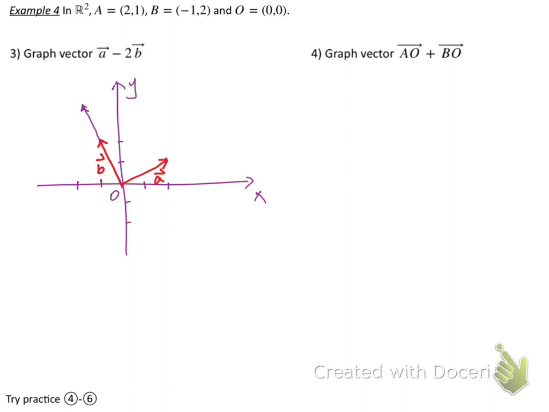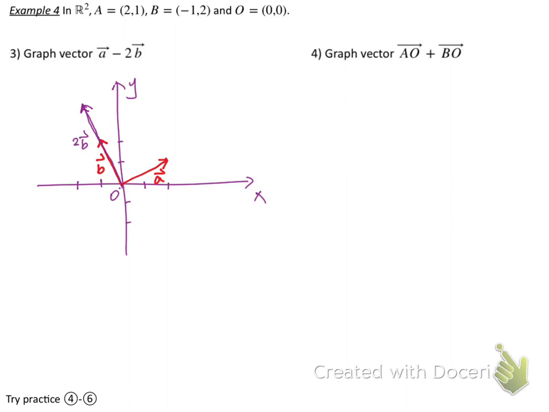That's 2B from here, from the origin. That's 2B, then you reverse it. So if you really look at what B does, you go to the left 1 unit, you go up 2 units. So reverse it, you go down 2 units, you go to the right 1 unit. Twice it, you go. Let me just do it on the side, that's better.